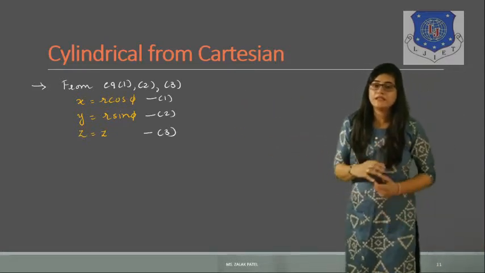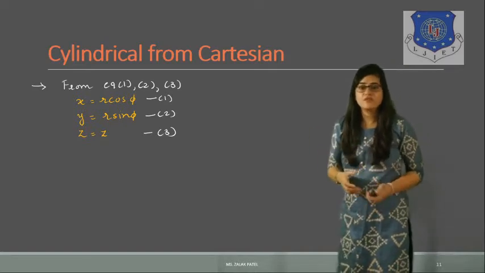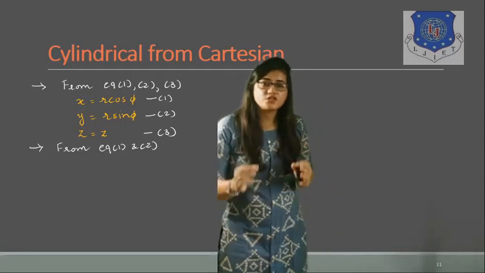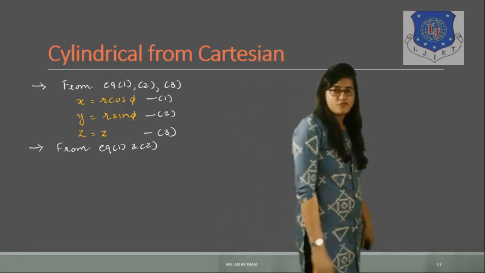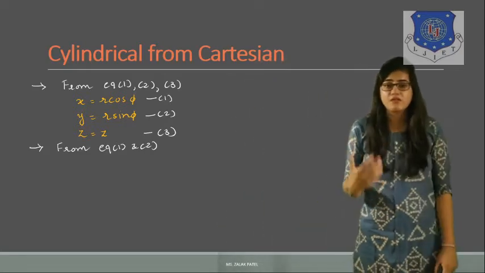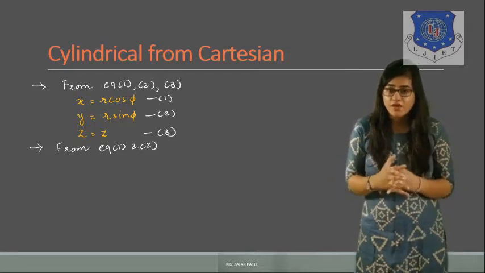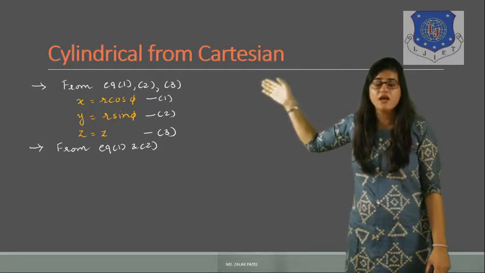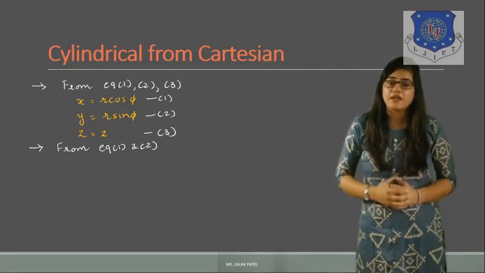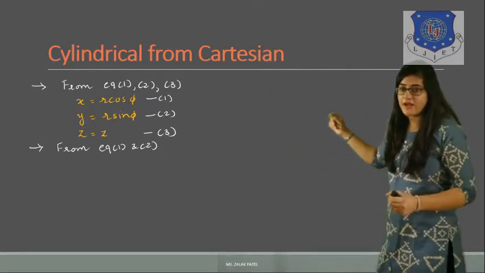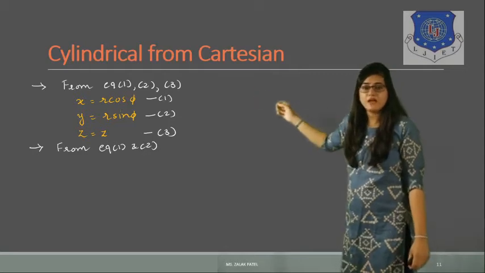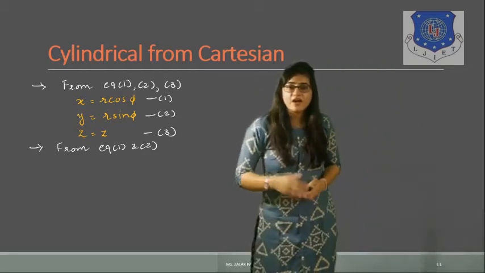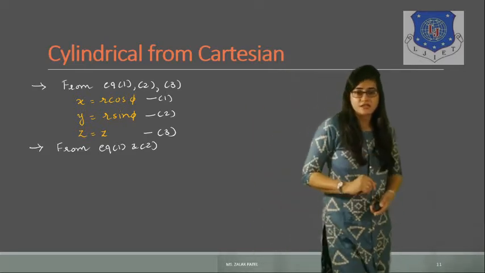For getting r, we have to square equation number 1 and equation number 2, and then add both. On the left side it will be written as x square plus y square equal to r square cos square phi plus r square sin square phi.